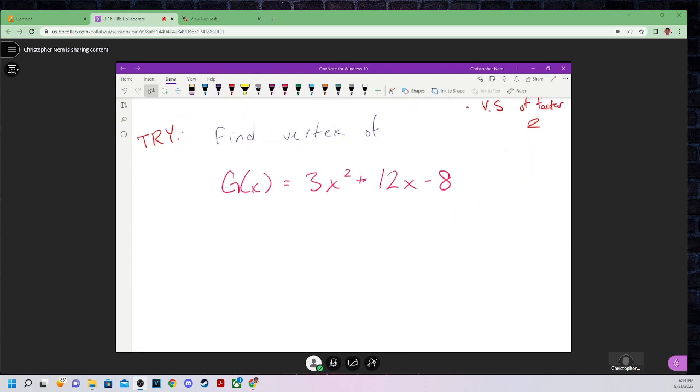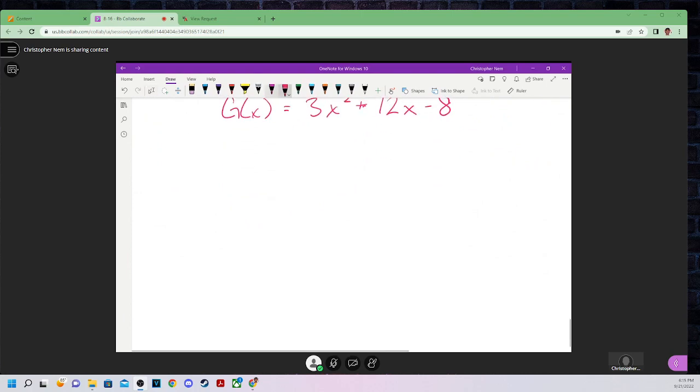Once you have practiced these and got the hang of it, now we can talk about minimums and maximums of quadratics. The minimum or the maximum of a quadratic is always going to be your vertex.